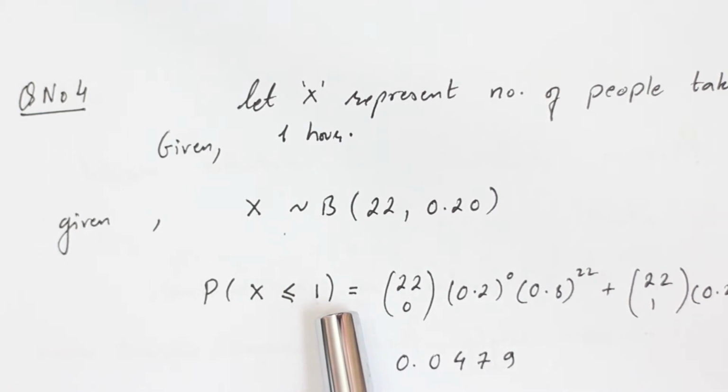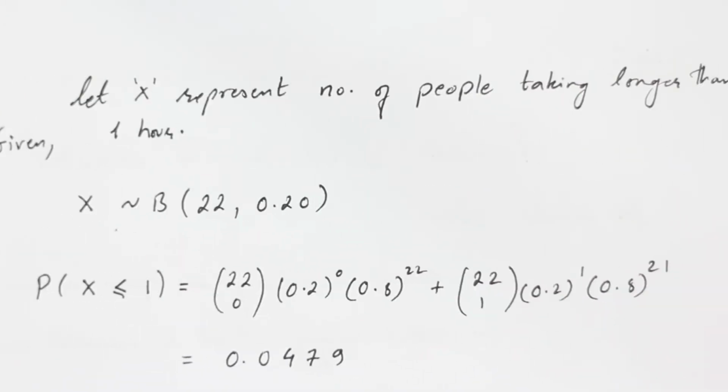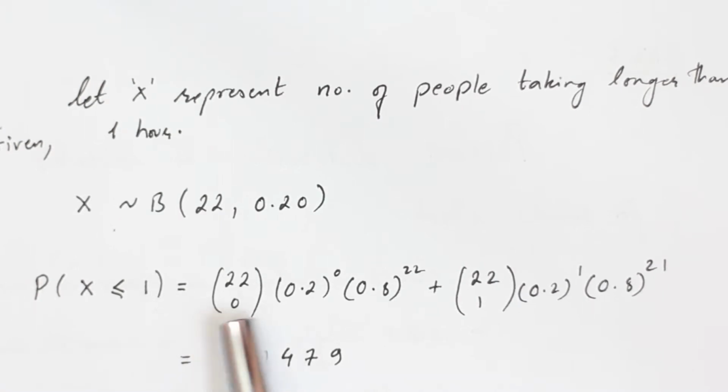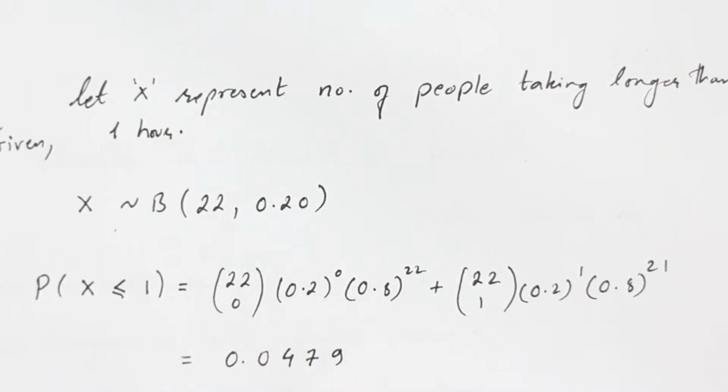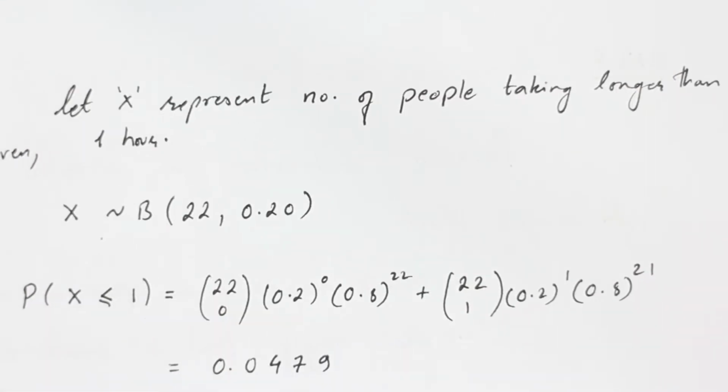Okay, so in this case, if you want to find the probability X less than or equal to 1, this is nothing but the binomial distribution formula. So it means we have to add up two probabilities, right?